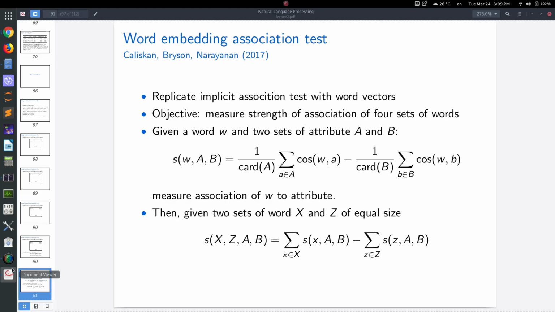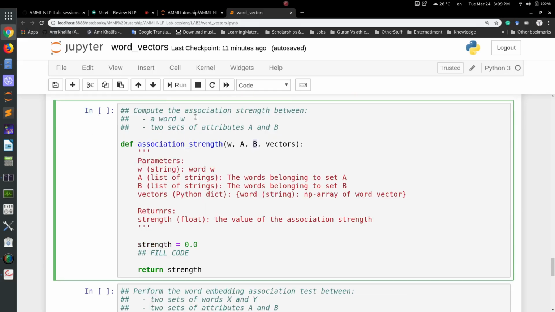As you can see, the formula is very straightforward. We're just going to do a for loop, and we're going to compute the cosine, then we'll take the average. So we'll do it directly here. So let's move to implement it.